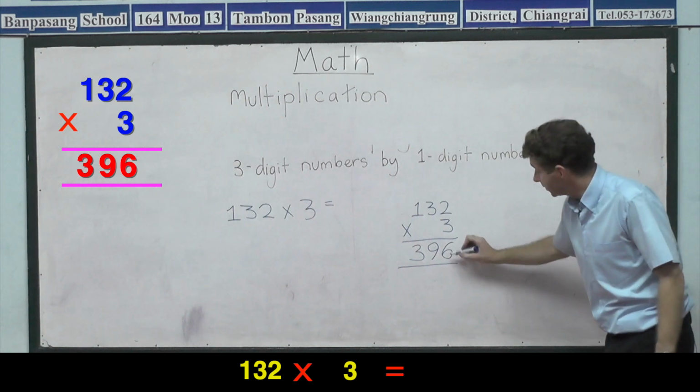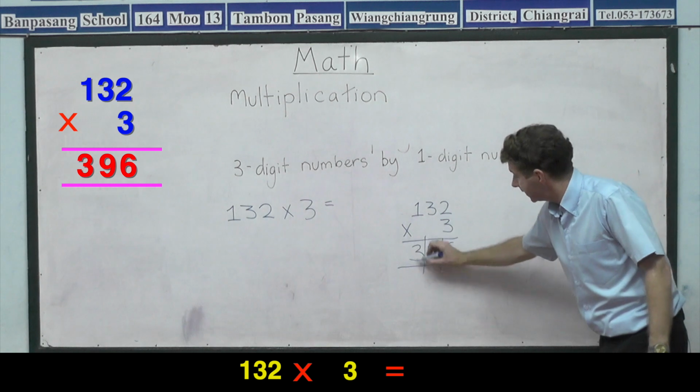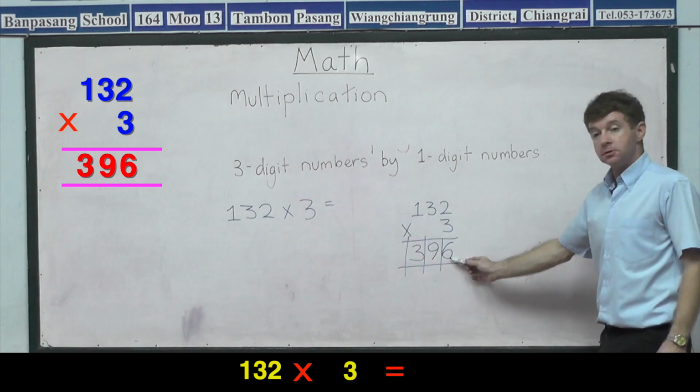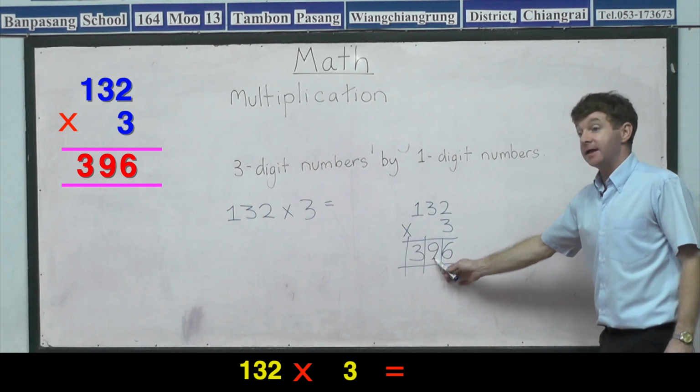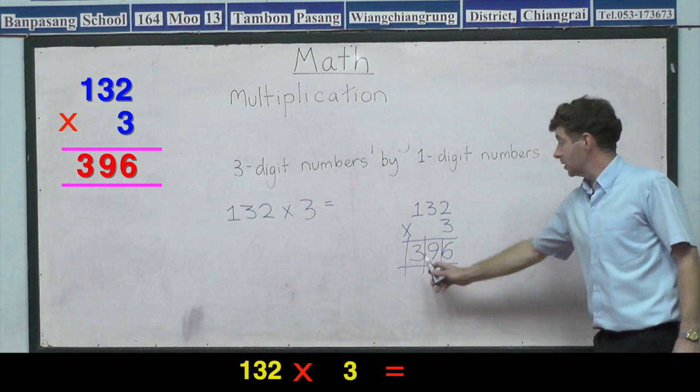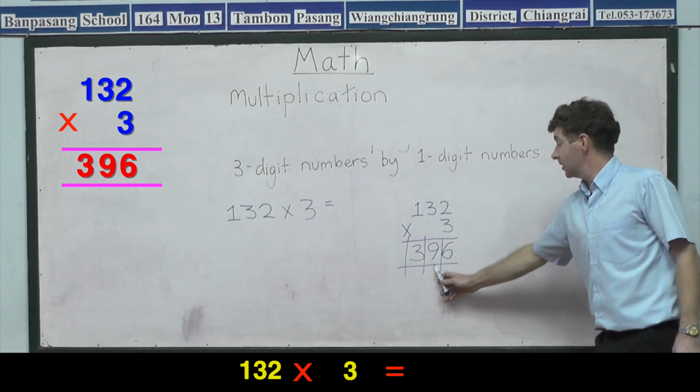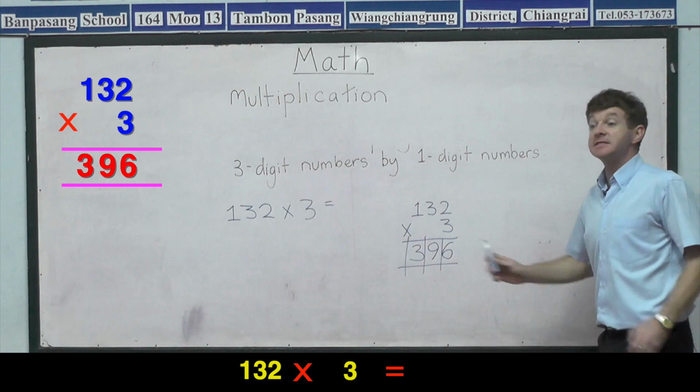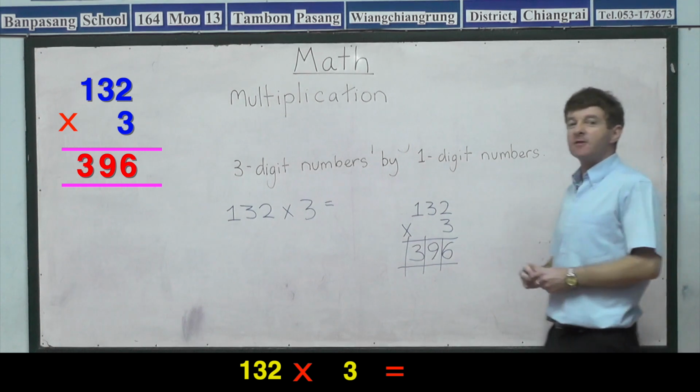Excellent, guys. And you can see, when we talk about place value, ones, tens, hundreds, 396. Okay, let's do a few more.